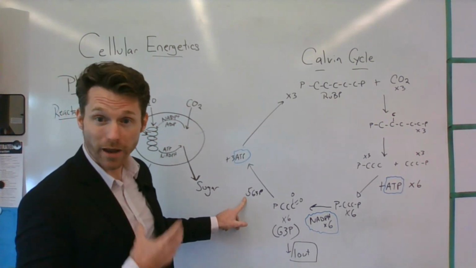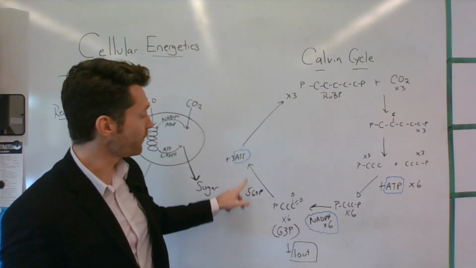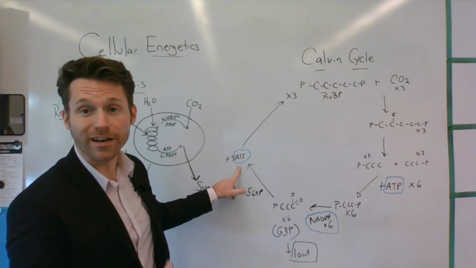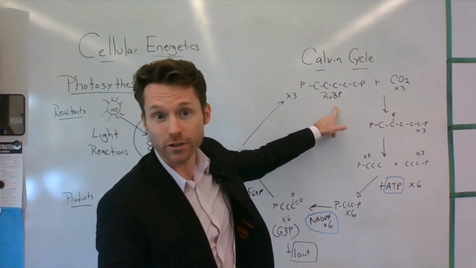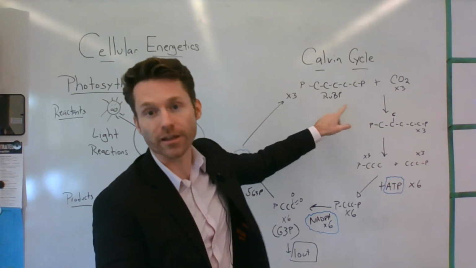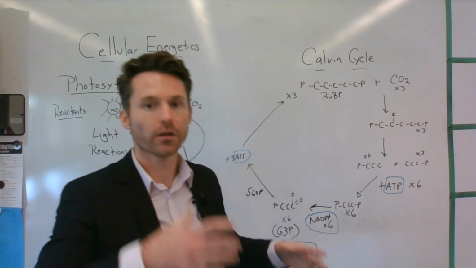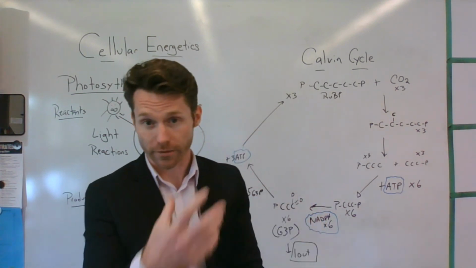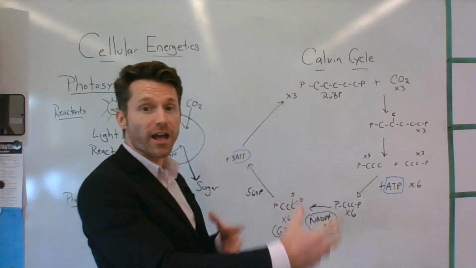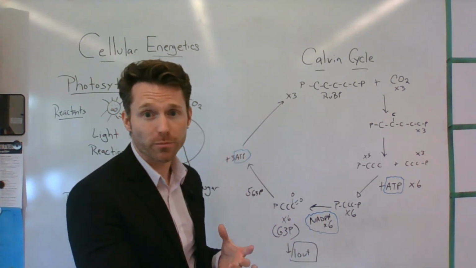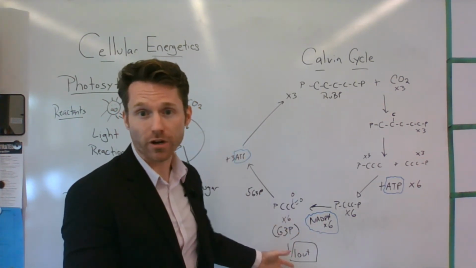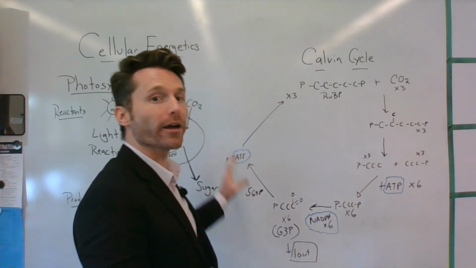The 5 remaining G3Ps are phosphorylated with ATPs, and they recycle back into being this starting product, and they go back to floating around the stroma so they can start over and over again. So every time we go through this, we basically make 1 extra G3P, and we dump that out as a product, and then recycle everything back.